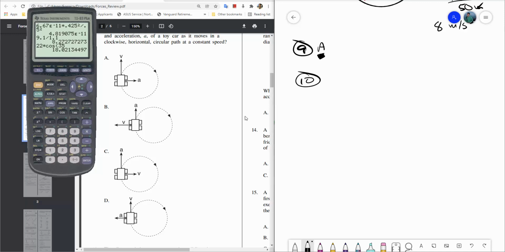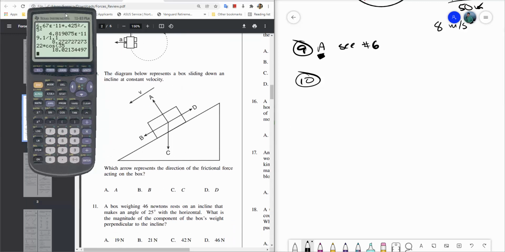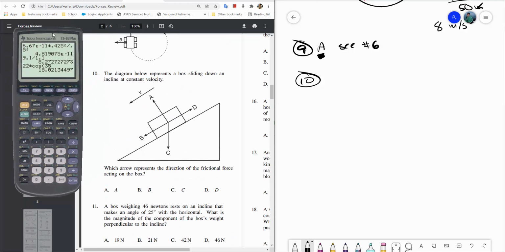Moving on to 10. I'll write down here, same as number 6. Number 10. The diagram below represents a box sliding down an inclined plane at a constant velocity. It asks which arrow represents the direction of the frictional force acting on the box.